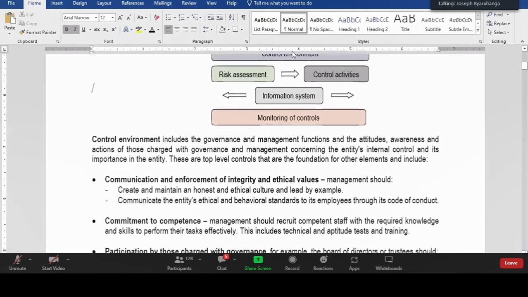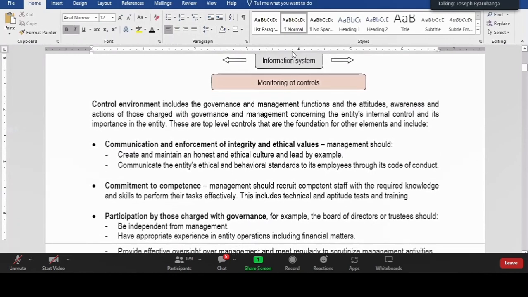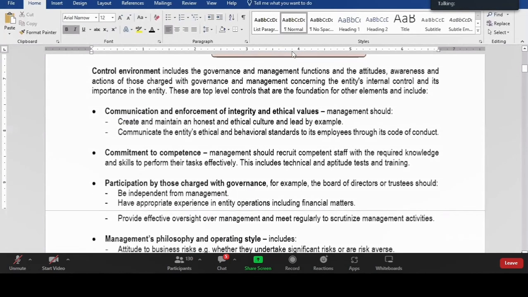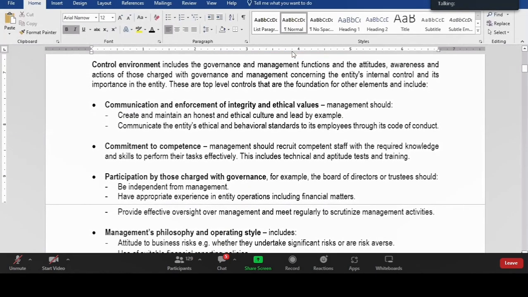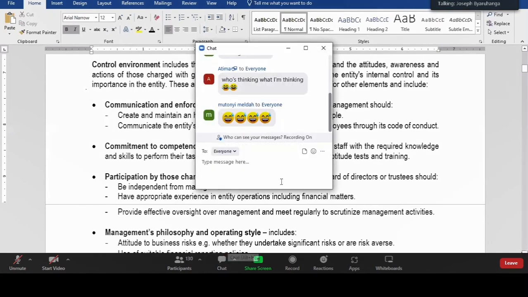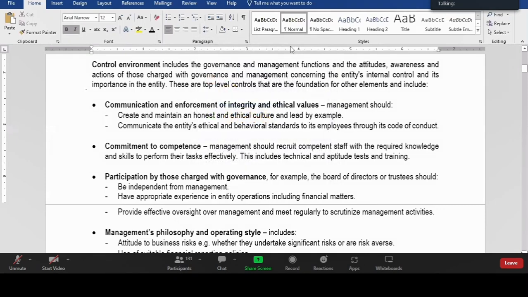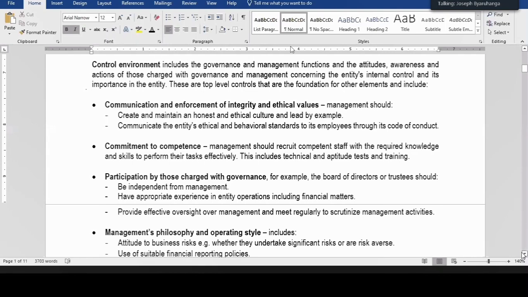What is a control environment? A control environment includes governance and management functions and attitudes, awareness, and actions of those charged with governance and management concerning the entity's internal control, and it's important to the entity. So with the control environment, we are looking at the top level controls.